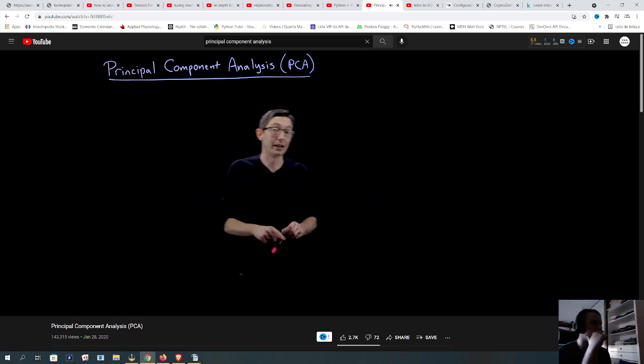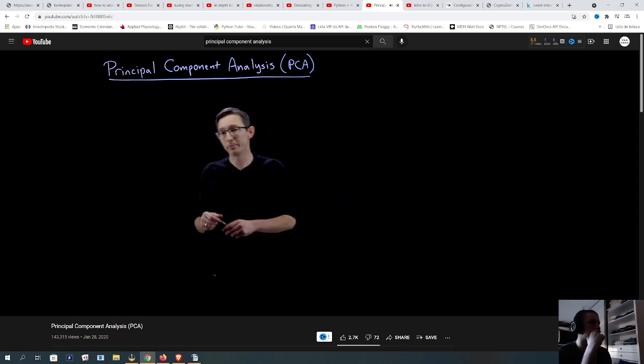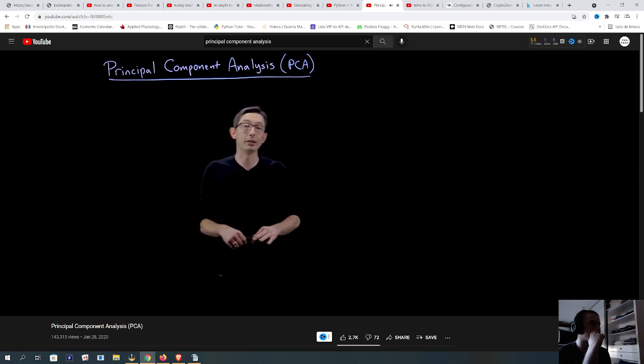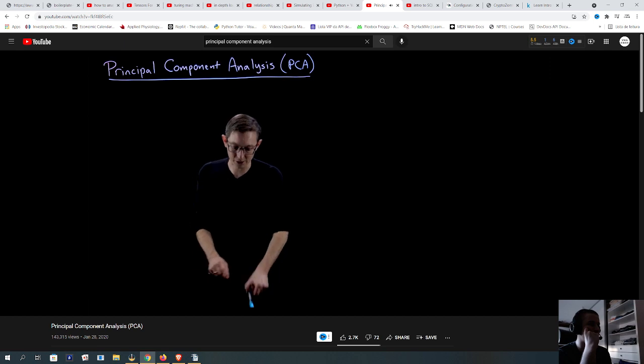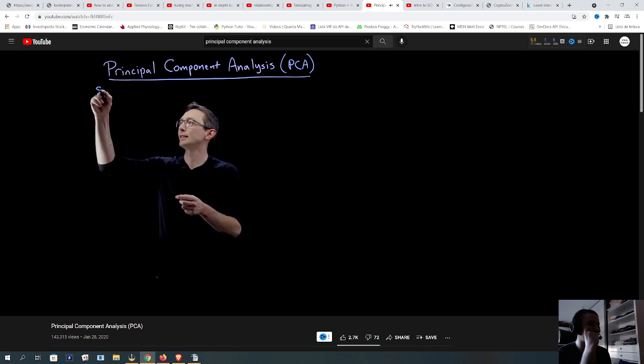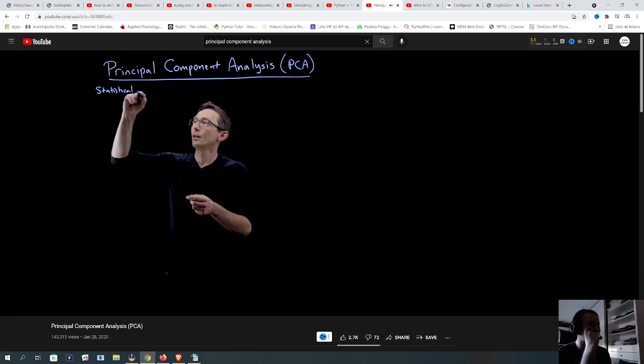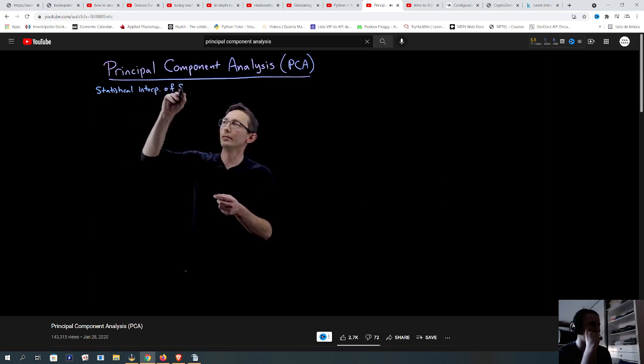PCA has been around for a long time, since the 1901 Pearson paper. So it's a really, really old method, very well established, with a ton of theory about the statistics of this. And I'm going to essentially pigeonhole this as what we're going to call the statistical interpretation of the SVD.